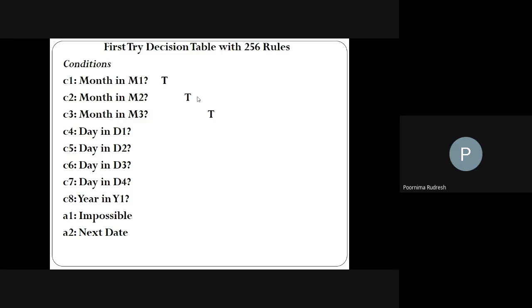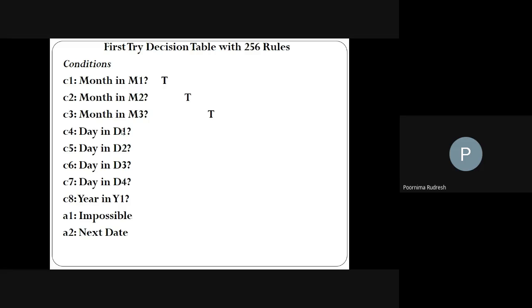Then we have more conditions for the days and year. Day in D1, day in D2. For day in D1, we are considering whether the number of days ranges from 1 to 28. C for condition: C4 is the number of days ranging from 1 to 28, and for C5, day in D2, we are considering day equal to 29 for the leap year. C6, day in D3, is for the months which consist of 30 days, meaning D equals 30.